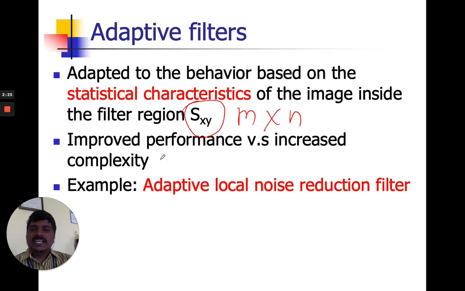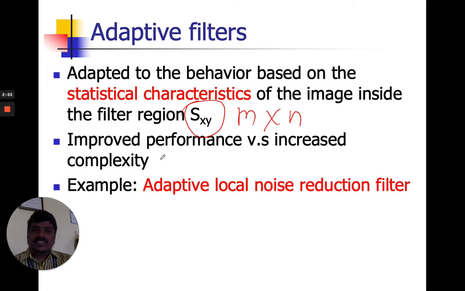Keep in mind, the mean gives a measure of the average gray level in the region, whereas the variance gives a measure of the average contrast in the region.